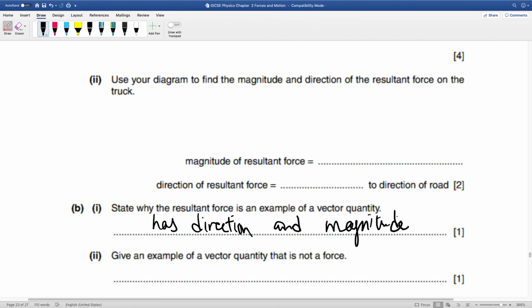Acceleration, velocity, displacement, anything you like. Speed is a scalar. Speed is velocity without the direction.